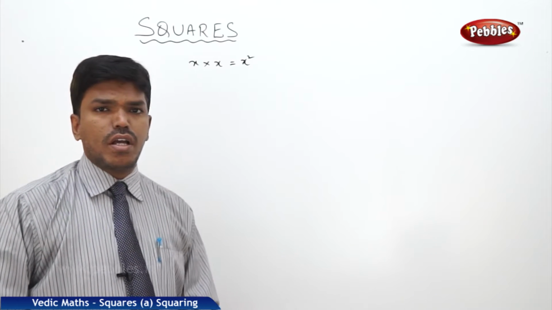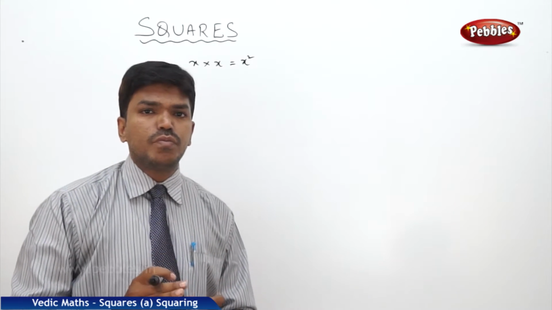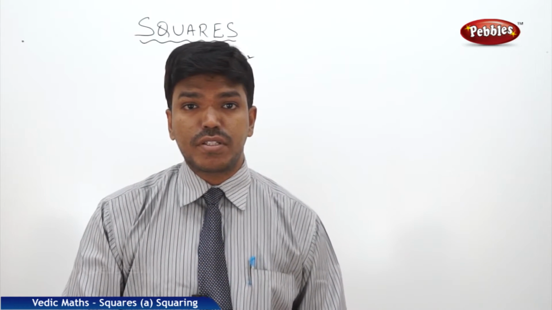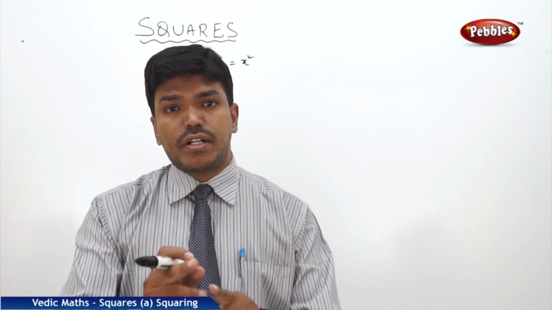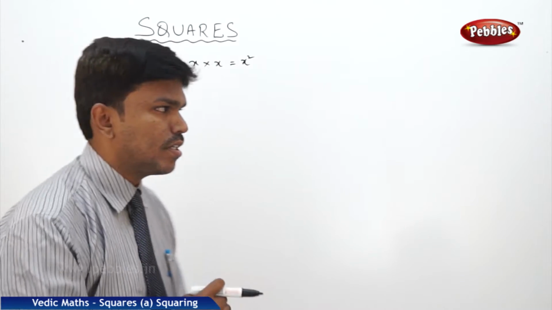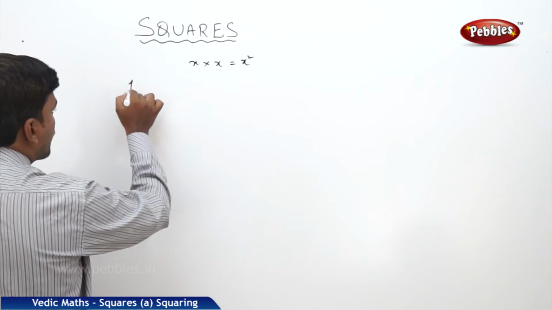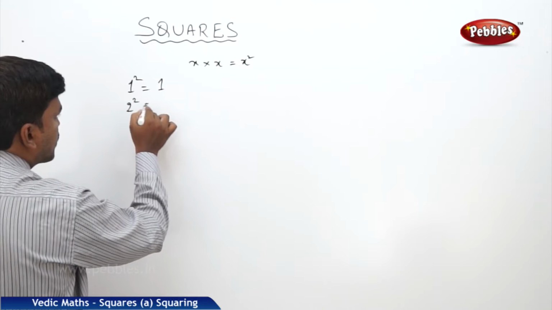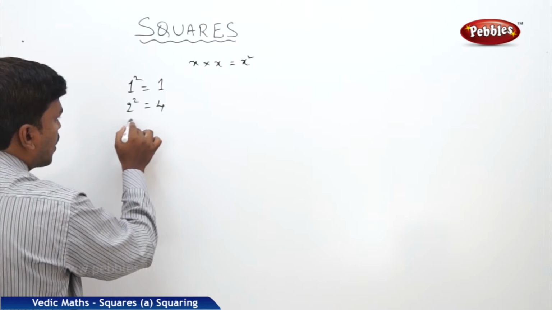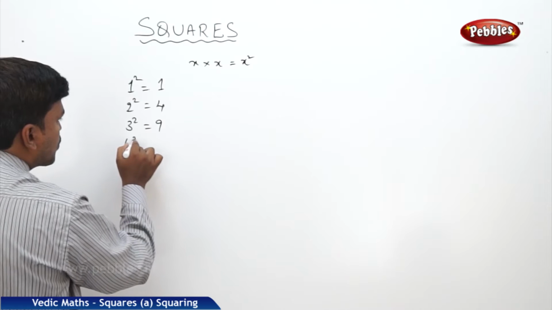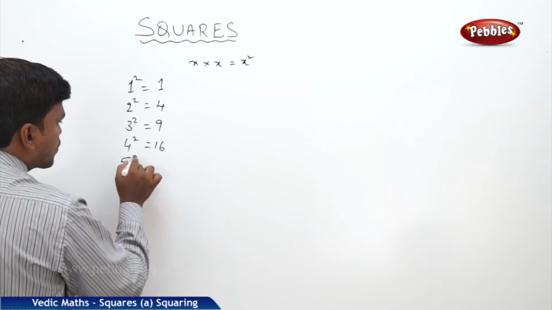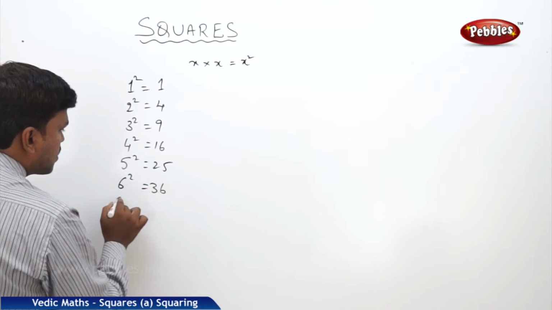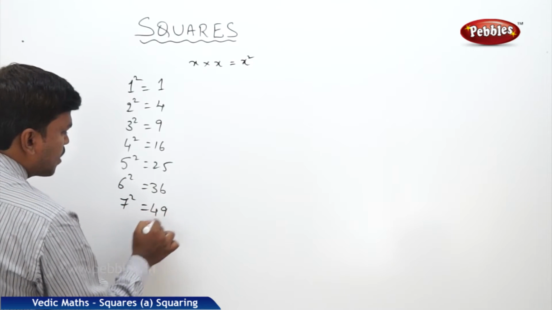Anyhow, the people who know tables until 10 will obviously know the 10 squares. Yes or no? Why? Because 1 square is 1 into 1, 1. 2 square, 2 into 2, 4, like that. 3 square, 9. 4 square, 16. 5 square, 25. 6 square, 36. 7 square, 49.